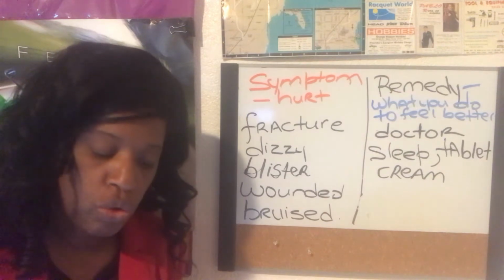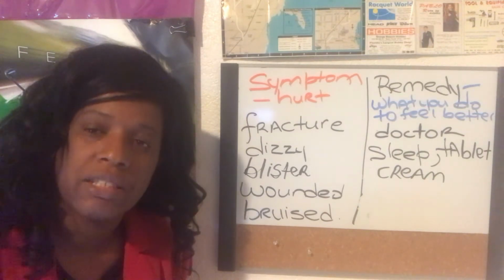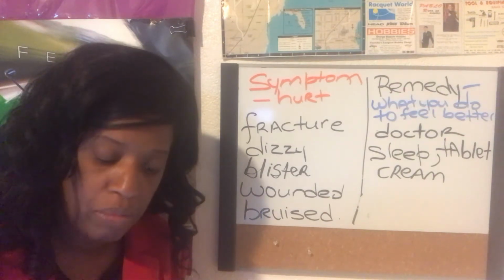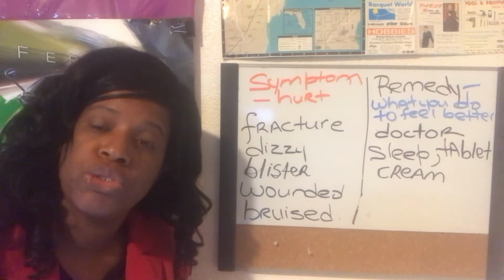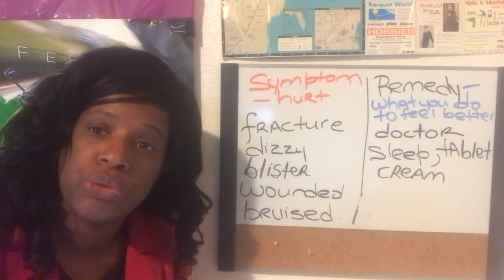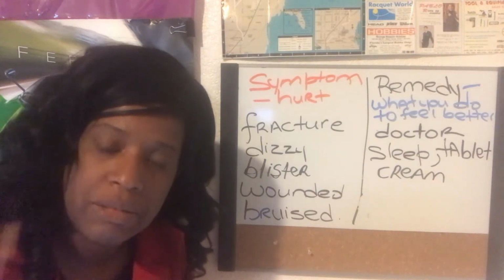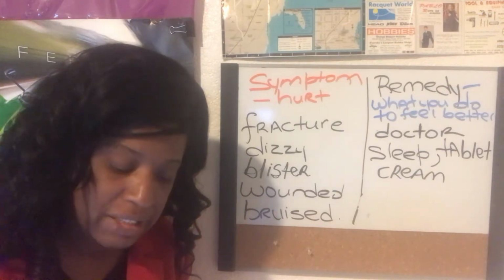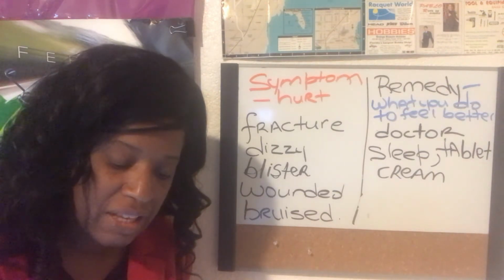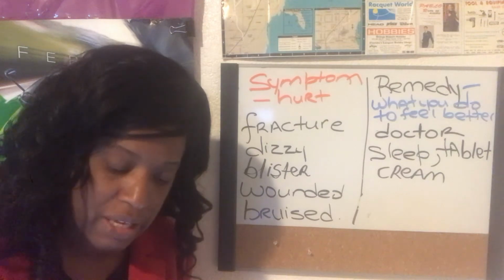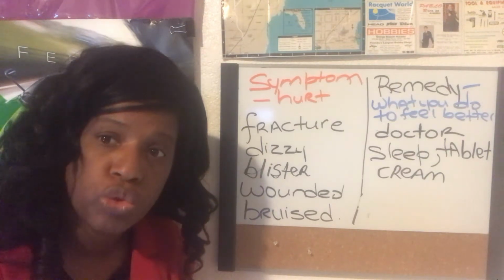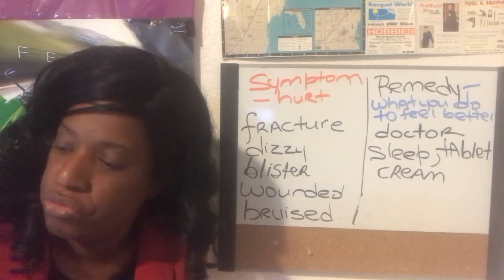Now, a sign is the effect of a health problem that can be observed by someone else. Now, a symptom is the effect noticed and experienced by the person who has the condition.